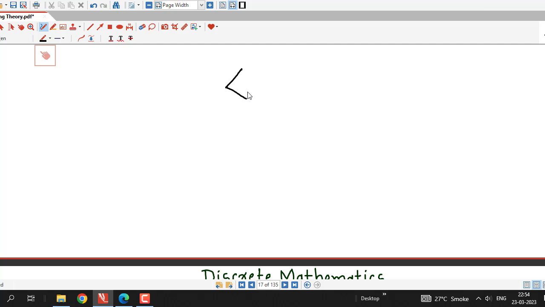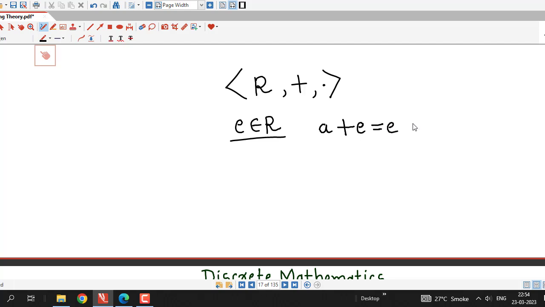We again recall, suppose we have a ring R with these two operations denoted by addition and multiplication, then an element E belongs to R is called 0 of ring R if A plus E equal to E plus A equal to A for every A in the ring R. And for additive identity, instead of E they are using this notation 0.